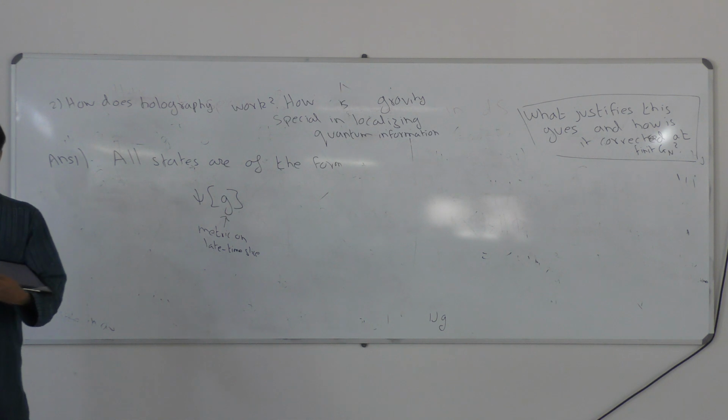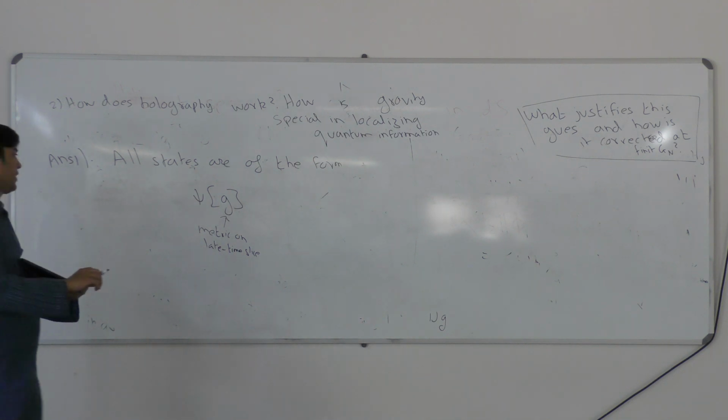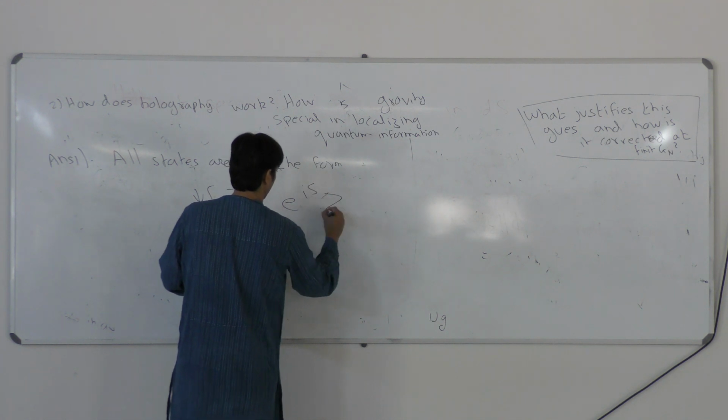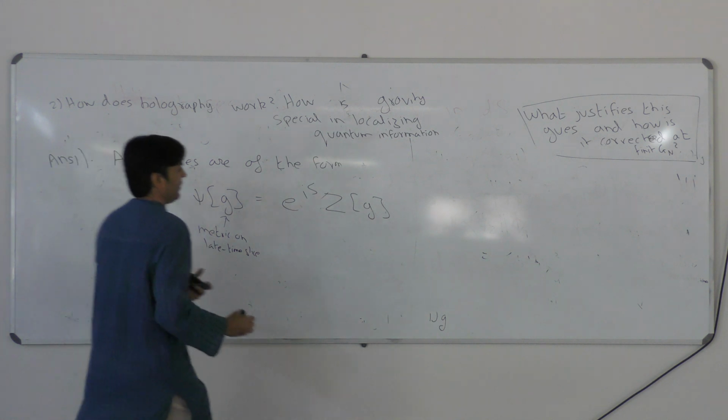Specifying this metric doesn't help you answer questions of what happened earlier in de Sitter. If you want to ask what happens when the de Sitter was as small as it could be, you have to do some calculation. Here I'm just telling you what the state is, meaning what the wave function is in a late time slice.